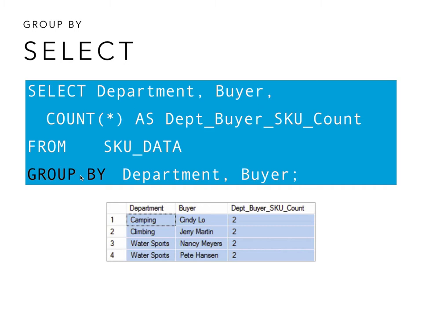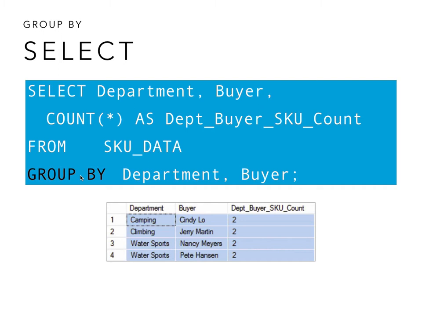If we didn't group, then it would just count the number of rows in SKU data, and it should be 8, right? Because we've got 4 twos. But this keeps it in those sets, and it won't aggregate any further than that. It groups the aggregation by that value. Does that make sense?